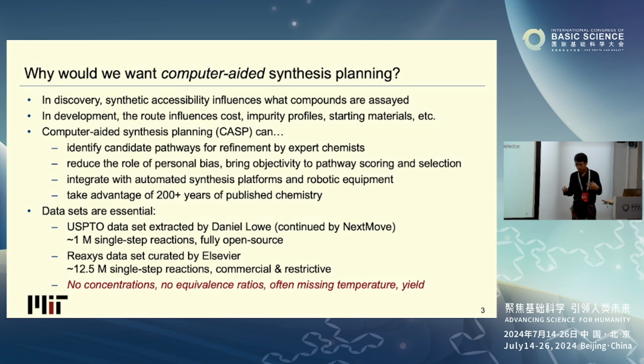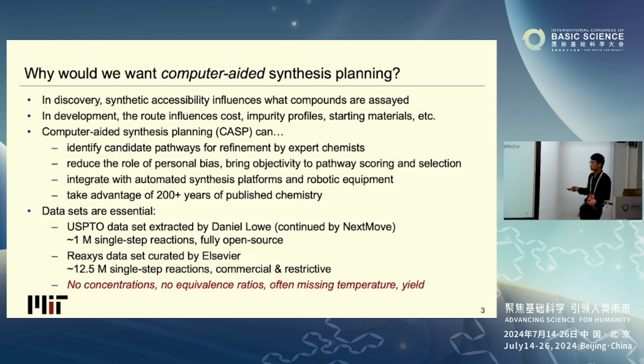So people have more and more turned to computer-aided synthesis planning, using computers to identify possible pathways. This could reduce personal bias because it is based on a computer algorithm, and it creates data in a more standard format so that we can more easily couple with automatic synthesis platforms.